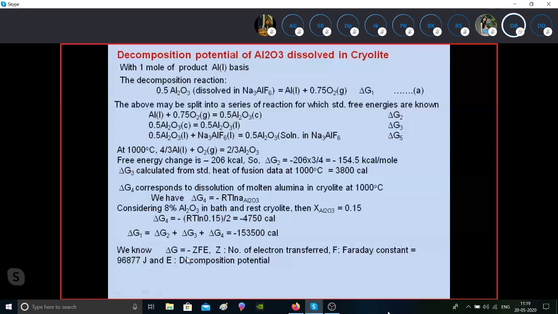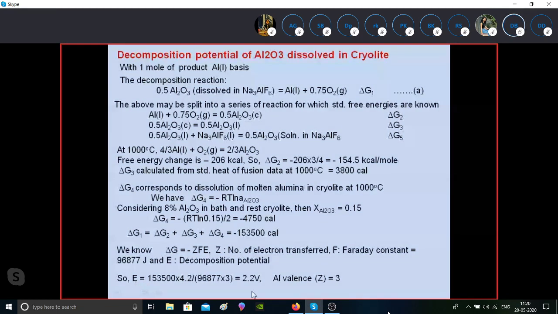It's because my left hand side is in calories and Faraday constant is in joule. It's a conversion of joule to calorie. Ultimately we come to a value of E equal to 2.2 volt. So this is how we calculate decomposition potential.